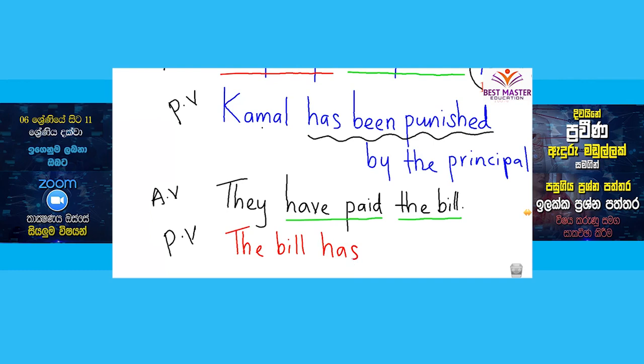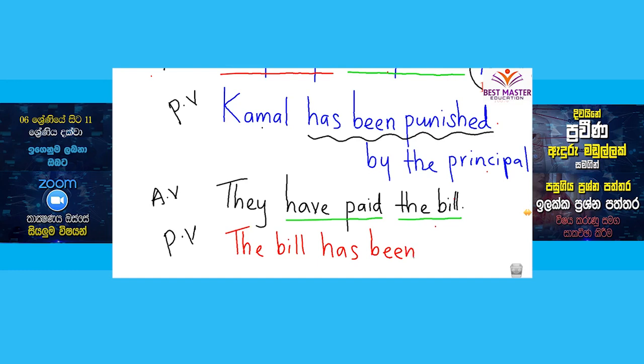But in the first sentence, how? Because of they. They, we have the rule. But here the bill is singular, so we have to add has. Not only has, we have to add been. Has been.